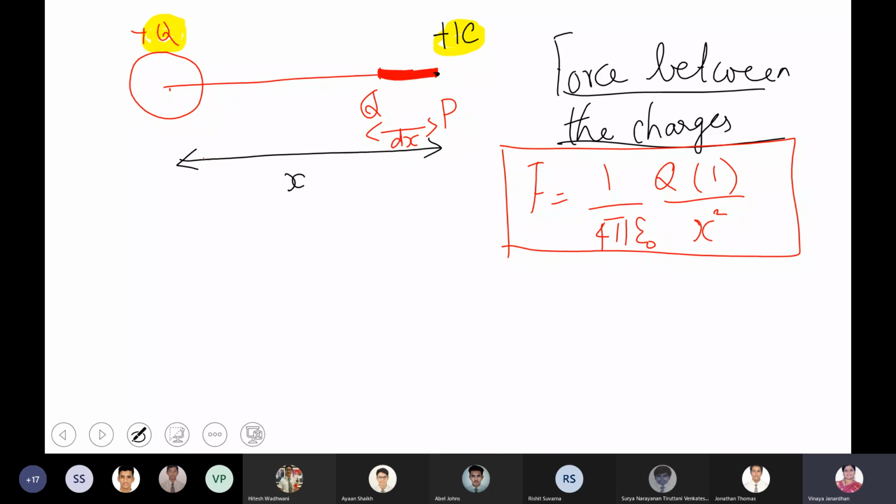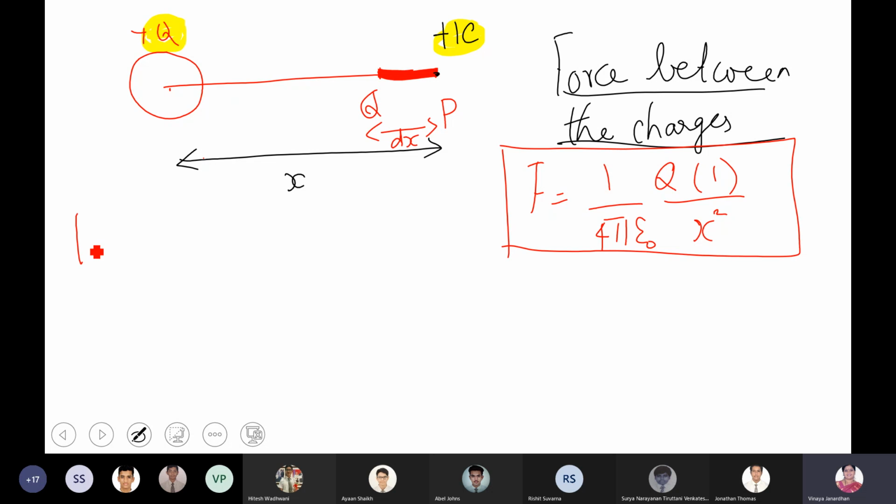I'm going stepwise. I want to move the charge of plus 1 coulomb, which was placed at point P, to the point Q, traveling a distance of dx. Is the work being done or not?